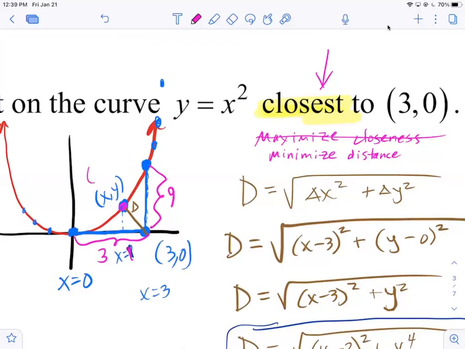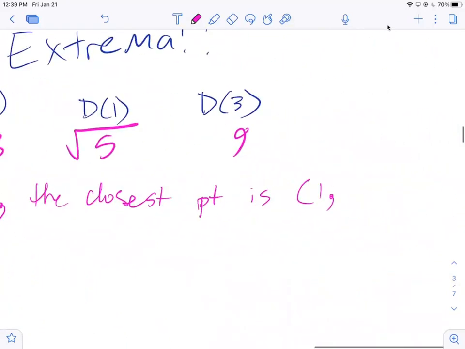This is the point 1 comma, I don't want the distance to 3, 0. I want the y value on the graph. What's 1 squared? 1. So the closest point is 1 comma 1. See that? Answer the question.